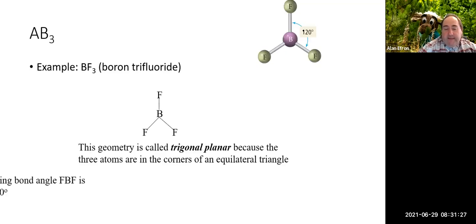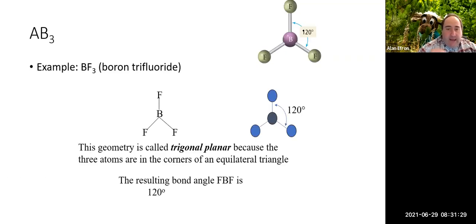Here we're going to have a central atom that has 3 outside atoms attached to it. Again, if we look at our central atom, which is the important guy, we see that we have 3 electron pairs, 1, 2, and 3.